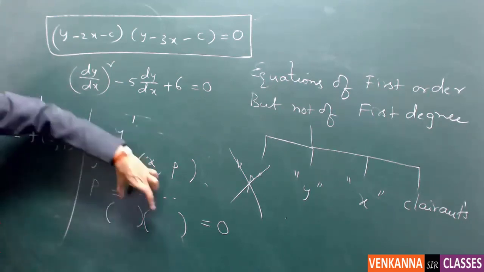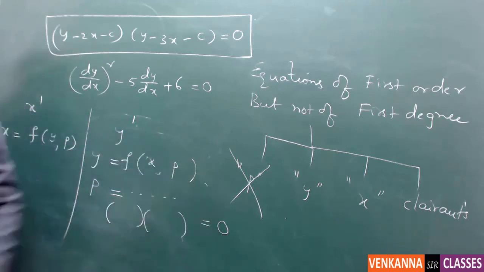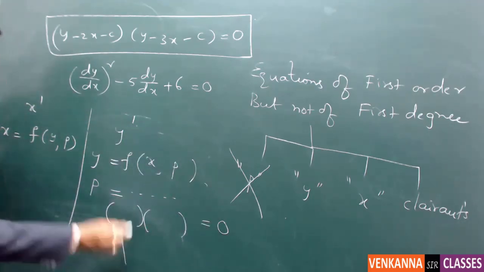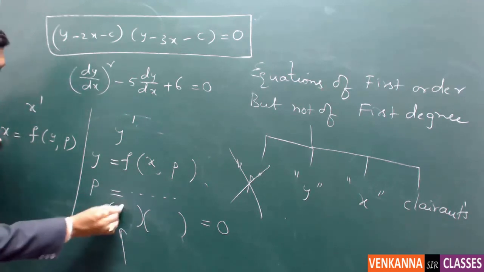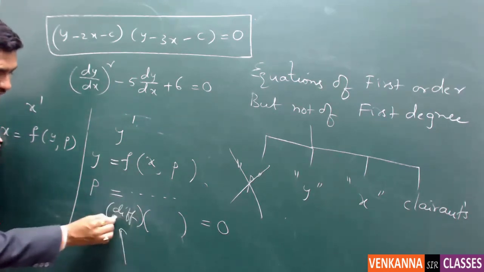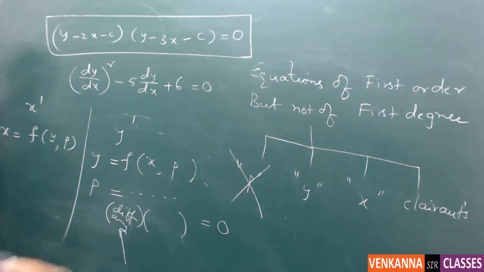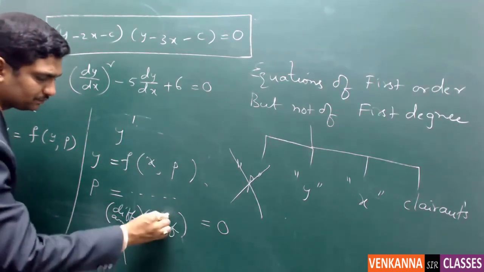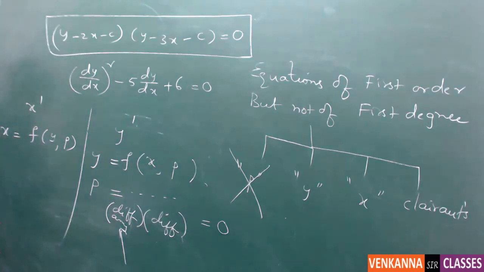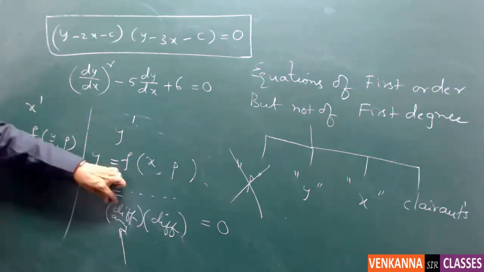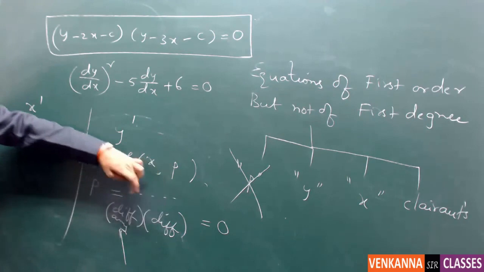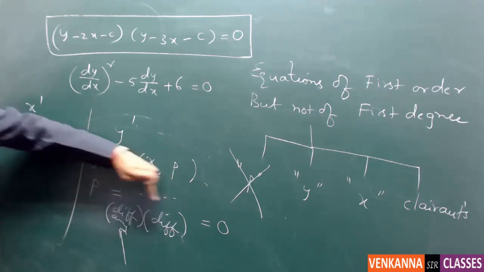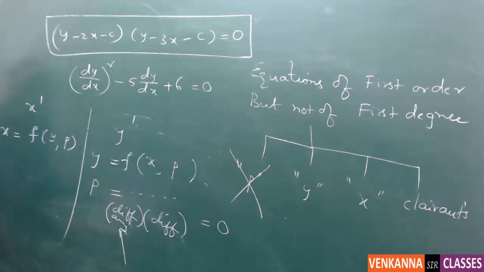It is represented as a product of two factors equal to 0, in which one factor will not contain any differential and one factor will contain a differential. So whenever the product of two things is 0, each factor must be equal to 0. Yes or no?